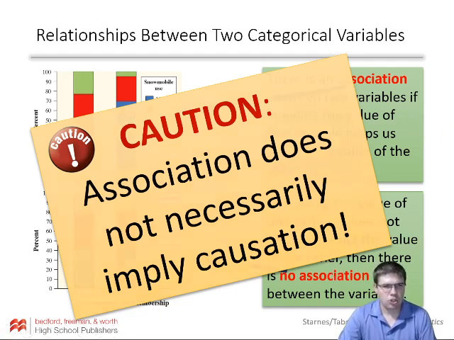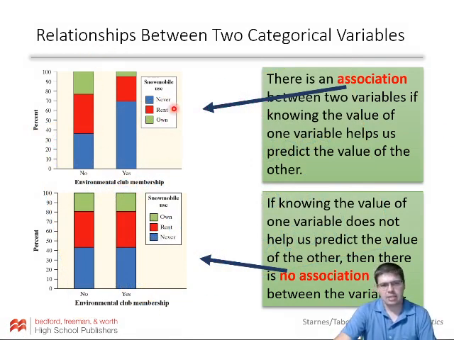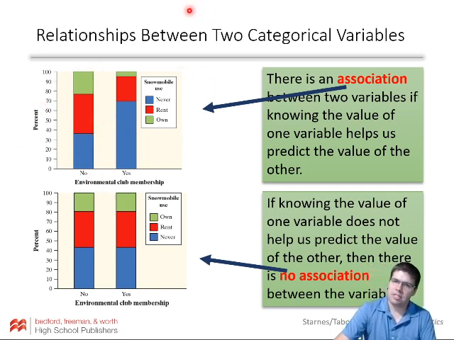Just because there's a relationship here, it doesn't mean being an environmental club member causes you to be less likely to own a snowmobile. It could be some other variable that affects both, or it could be the reverse. It could be whether or not you ride snowmobiles affects your decision on whether or not to join an environmental club. You can't establish that cause-effect relationship without a good experimental design, which we'll get to later on in the class.